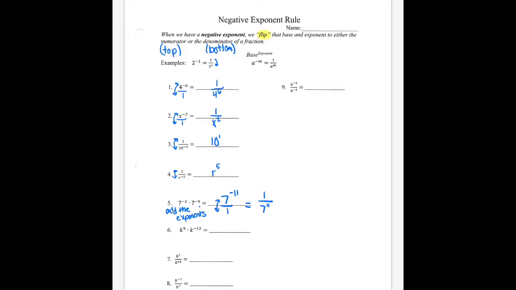So number 6, we're also doing the product rule again, so we're going to add the exponents. So we know those k's are going to combine to make one base k. And then we're going to add 9 plus negative 12.